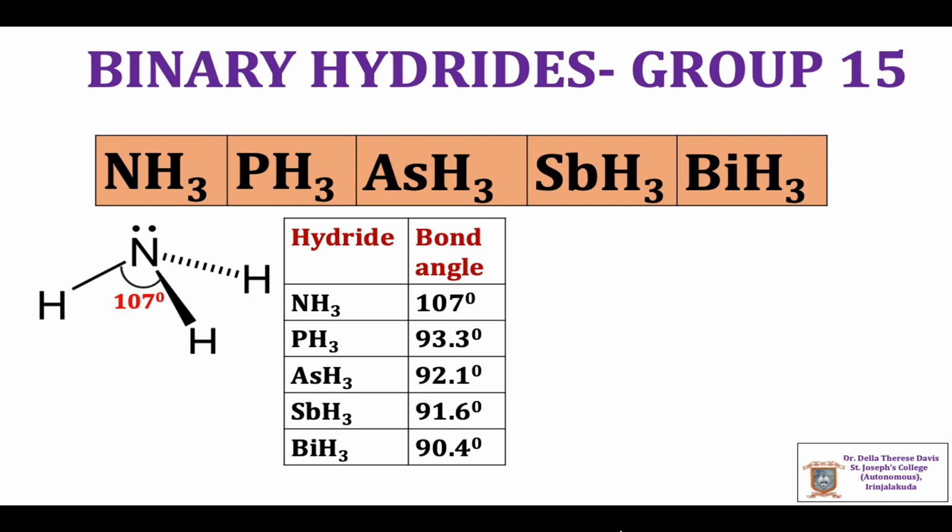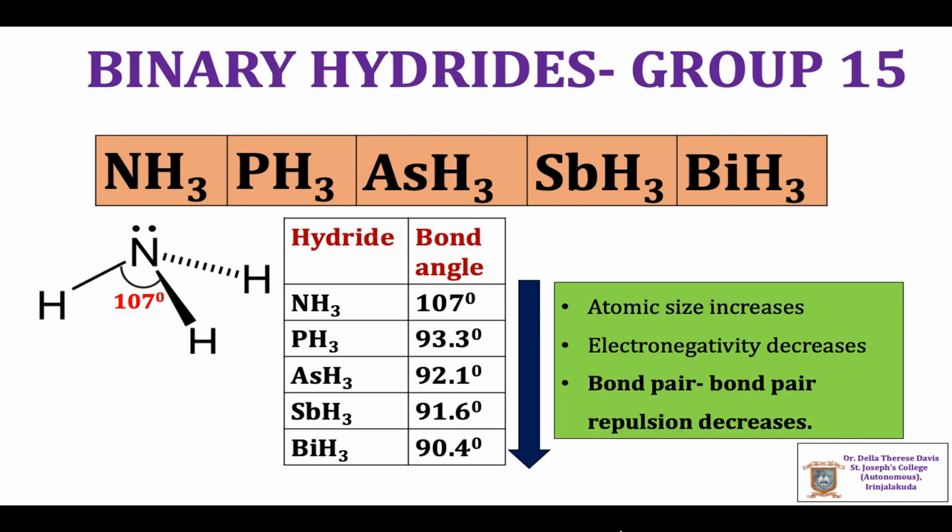And as we move down the group, the bond angle decreases. The bond angle of ammonia is 107 degrees and it decreases to 90.4 in the case of BiH3. This can be explained on the basis of the increase in atomic size.